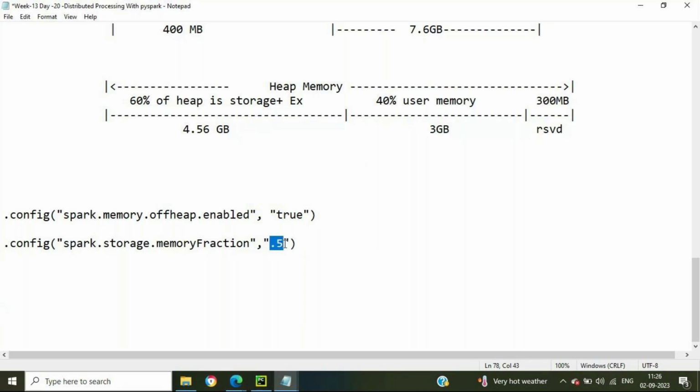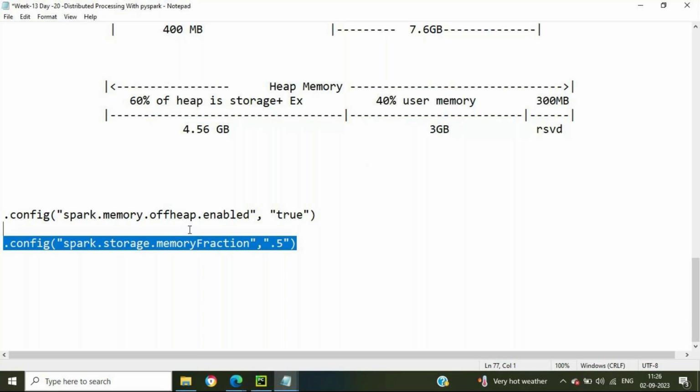If we mention 0.5 or 50% for storage, then the remaining will be for execution memory. Okay, so that is the stuff. These are the controlling parameters which provide the information that this much memory will be used for storage, this much memory will be used for execution. Okay, just have a look and ask if you have any doubt.